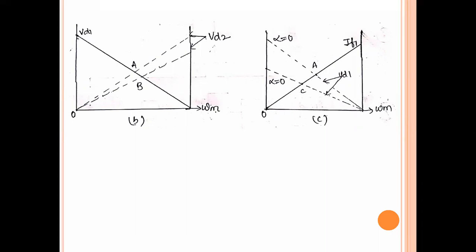So with respect to the change in the speed, the VD1 value as well as the VD2 value will also be varied, and that speed can be controlled with the help of the field winding that we have used for our separately excited DC motor. And the steady state operation can be obtained when VD1 and VD2 both are equal.